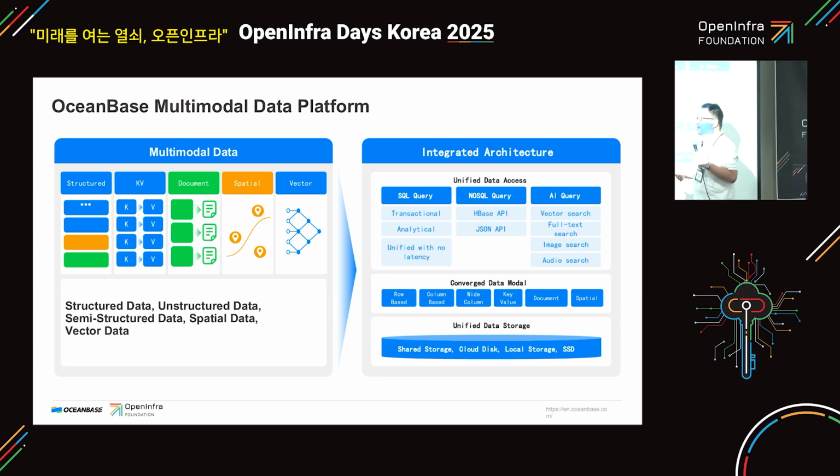It also supports KV pairs, spatial data, and vector data converted from documents, audio, and images. With this, OceanBase offers an integrated architecture with unified data storage and unified data access with SQL query, NoSQL query, and AI query.